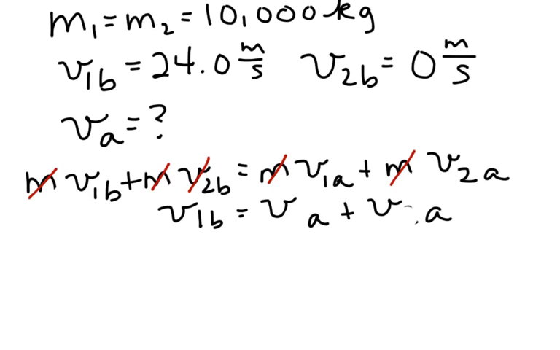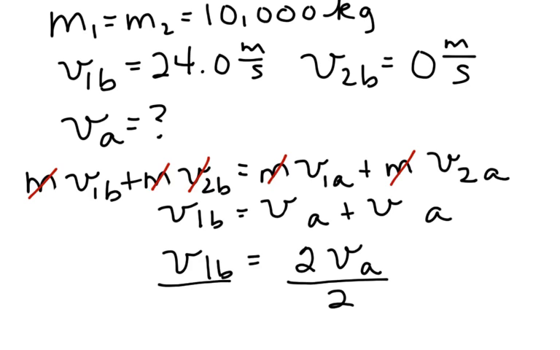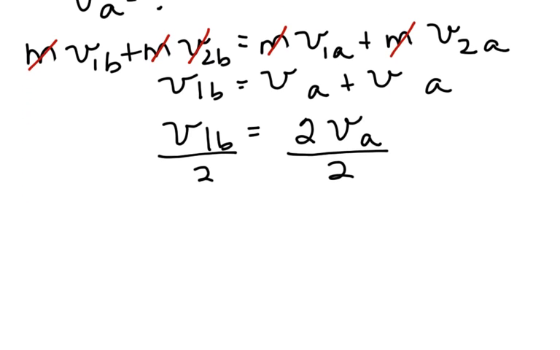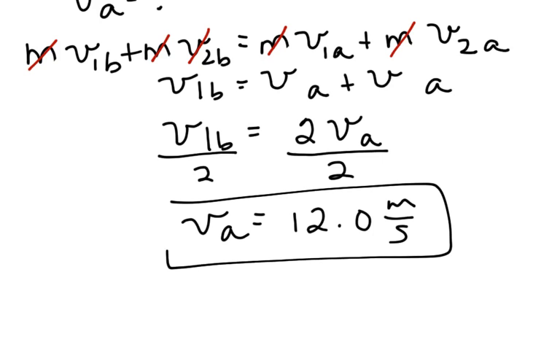So I'm going to get rid of the subscripts here, and then rewrite this as v sub 1b is equal to 2 v sub a. And therefore, v sub a, we just divide both sides by 2, and I will get a value for v sub a of half of v sub 1b, or 12.0 meters per second.